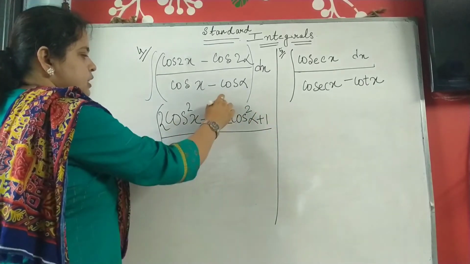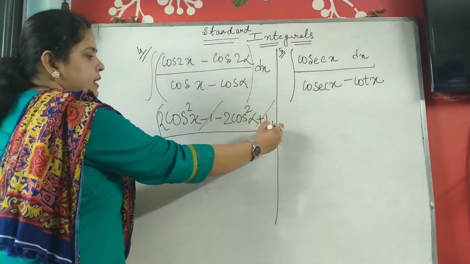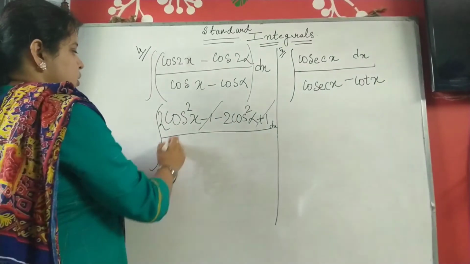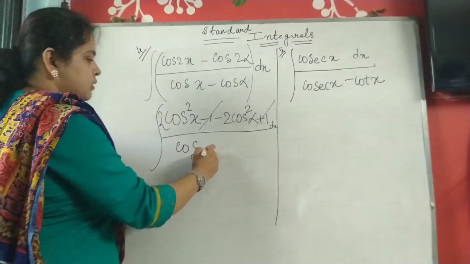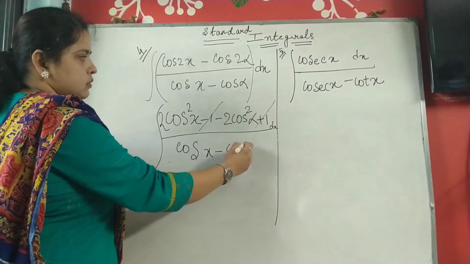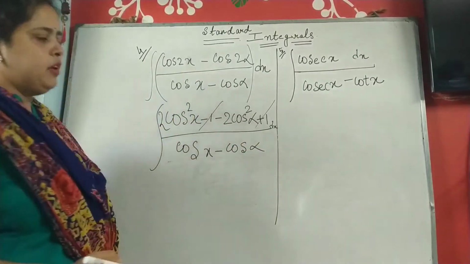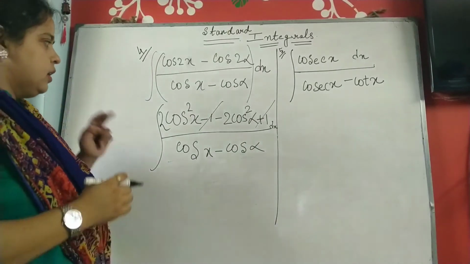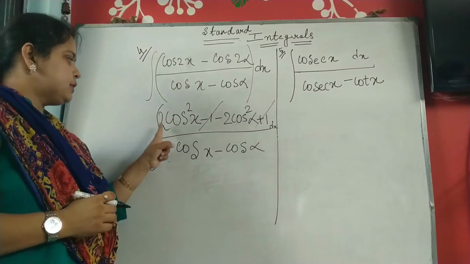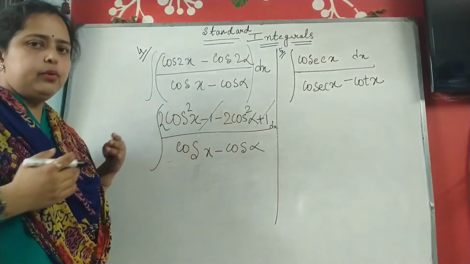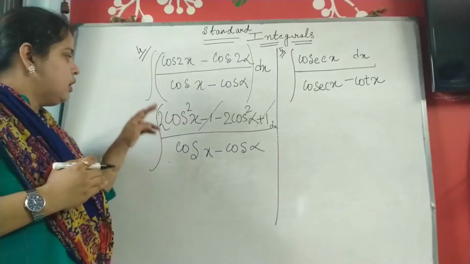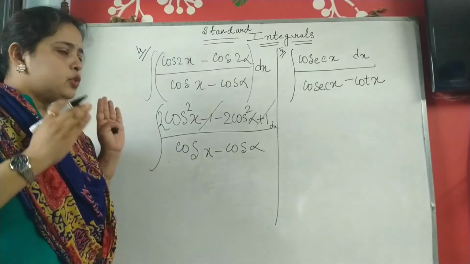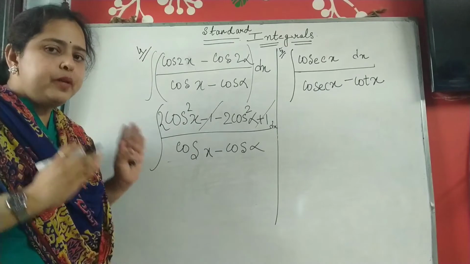So see, this minus 1 and plus 1 is going to cancel here. Okay, so the denominator, I am not hampering the denominator here, let it be as it is. This 2 comes out and we have cos square x minus cos square alpha. So this is a square minus b square.